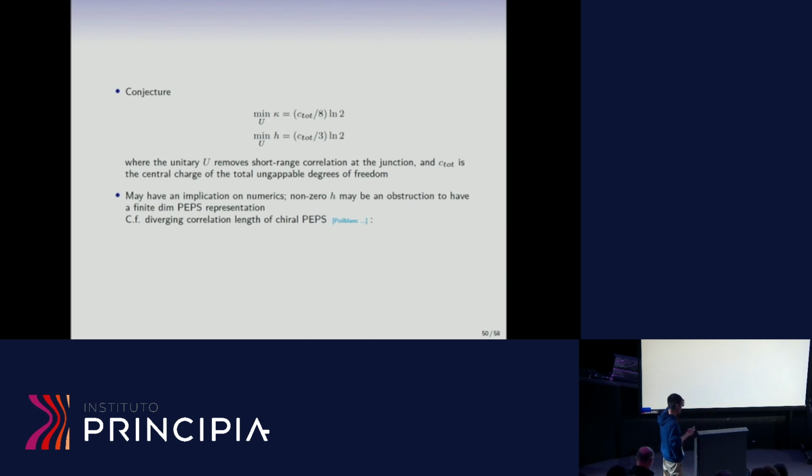Another comment I want to make is that this H may be an obstruction to having a nice tensor network lattice representation. If H is non-zero, there may be an obstruction. For example, a chiral state has this bound which is non-zero, and that may indicate that it is more difficult to have a lattice PEPS representation of, let's say, a chiral state.